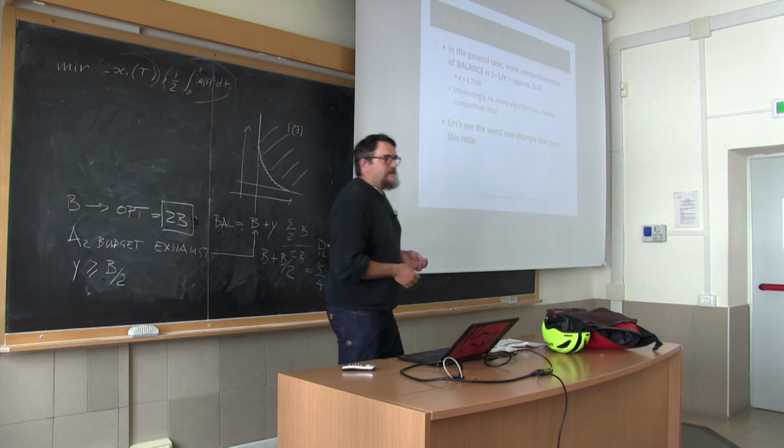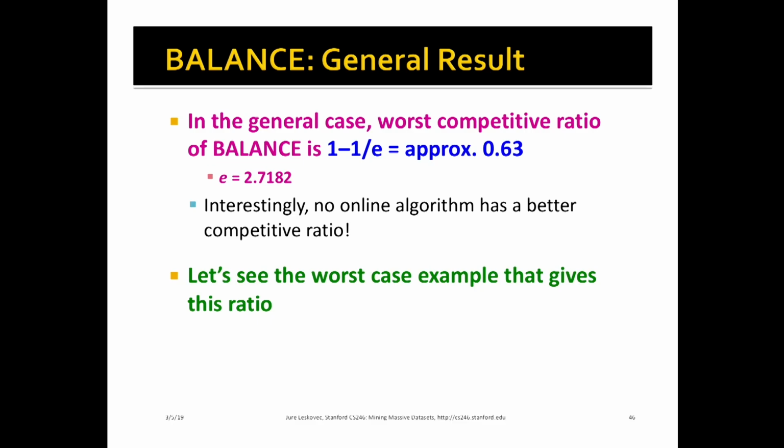So it can be proved, though we are not interested in proving this, that in the general case the worst competitive ratio is 1 minus 1 over e, which is roughly 0.63.